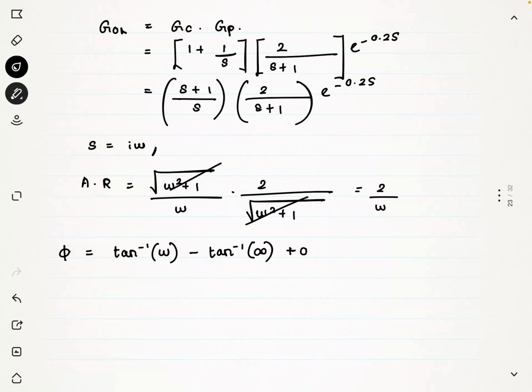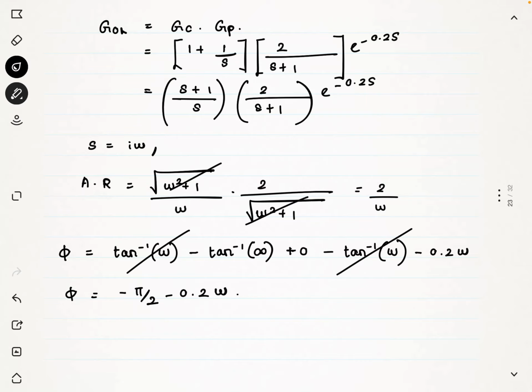Then the argument of a real number will be 0, minus tan inverse omega, and we saw how to do the arguments for an e power minus term. It will be just minus 0.2 omega. So this goes cancelled.